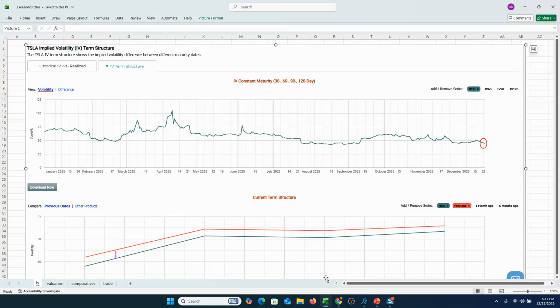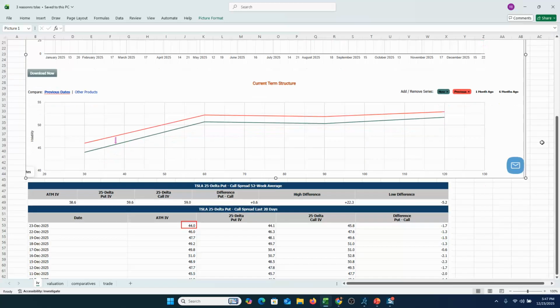First, here's the implied volatility on Tesla. As you can see, getting to the lowest levels of the past 12 months, which means option price is getting cheap, both puts and calls. You can see hovering right off the lowest levels of the year, came down from yesterday to today, right? Red was yesterday, today, Tuesday, in green here.